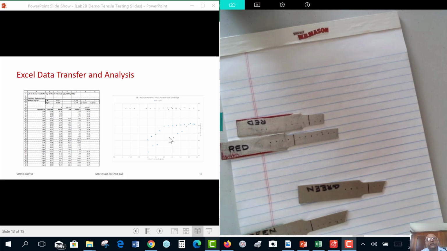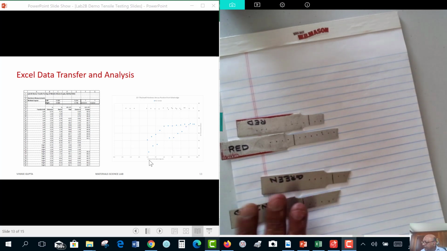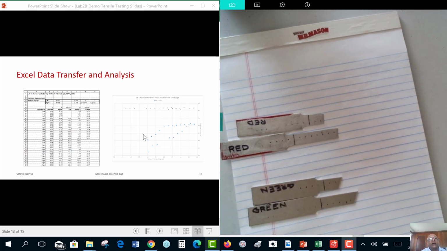So we see the effect of strain hardening. In the green sample, we see the hardness remains pretty much the same. It does not strain harden much. But one thing we know for sure is that the green specimen is much, much harder than the red specimen. We know that. This is annealed and this is precipitation hardened.